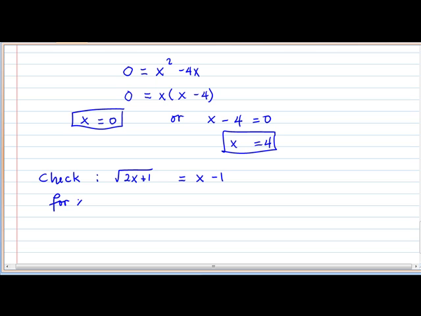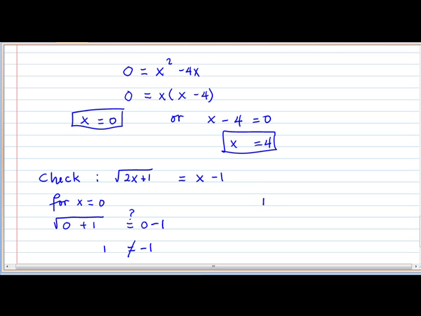For x equal to 0, I have the square root of 2 times 0, which is 0, plus 1, equal to 0 minus 1. So I have 0 plus 1 is 1, square root of that is 1. Right here I have minus 1. 1 is not equal to minus 1, so it's not true.